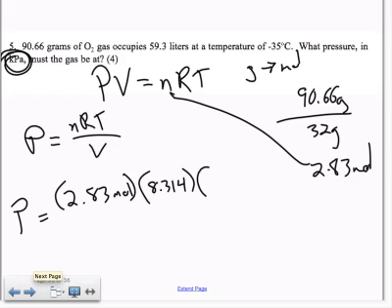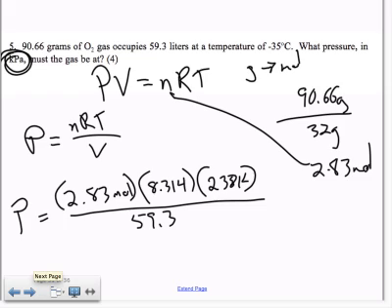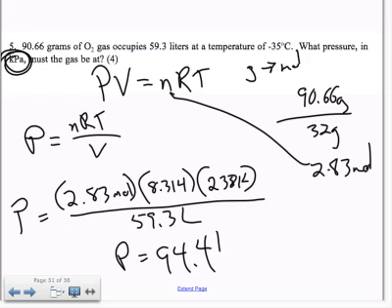And the temperature was given to us as negative 35 Celsius, so negative 35 plus 273 is 238 Kelvin. And then we divide that by the volume, which is given as 59.3 liters. So carry out all that math and you end up with a pressure equal to 94.4 kilopascals.